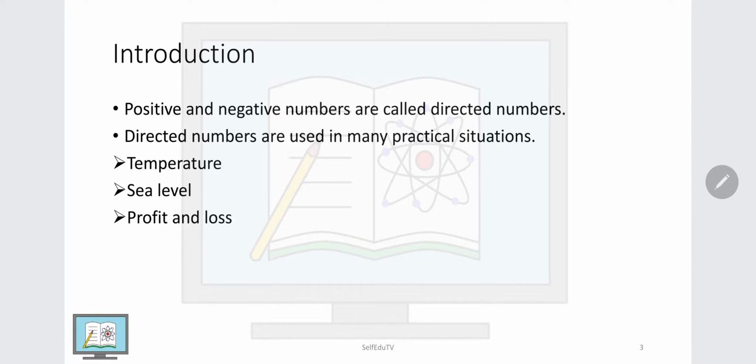First of all, what are directed numbers? Positive and negative numbers are called directed numbers. We can represent positive and negative numbers on a number line. So this is how a number line looks like.